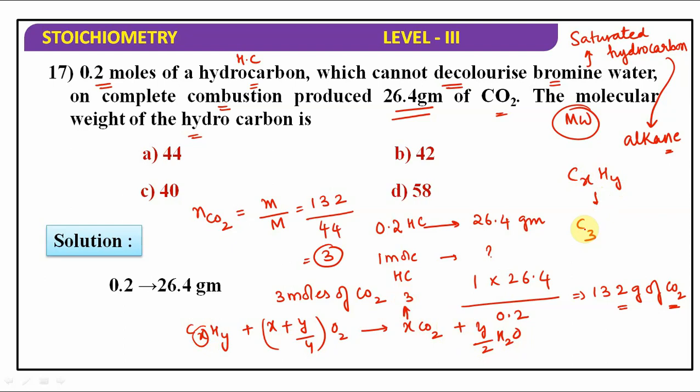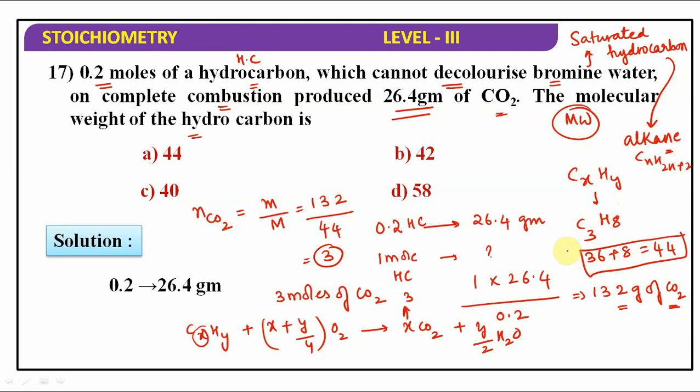Yes or no? But they mentioned it very clearly. It is a saturated hydrocarbon. So saturated hydrocarbon, alkane. Alkane general formula CnH2n plus 2. So it will be H8. H8 means 3 into 12, 36 plus 8, which gives you 44. Understood? Hope it is clear.